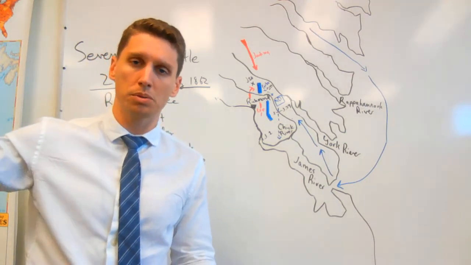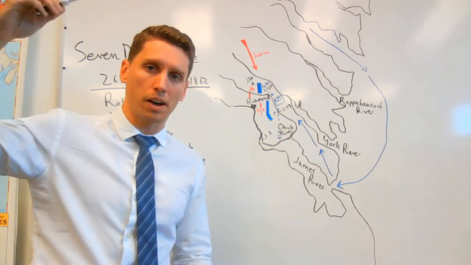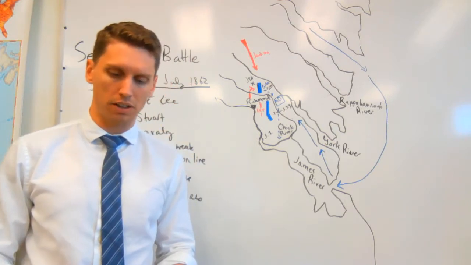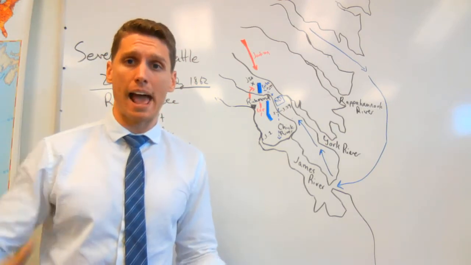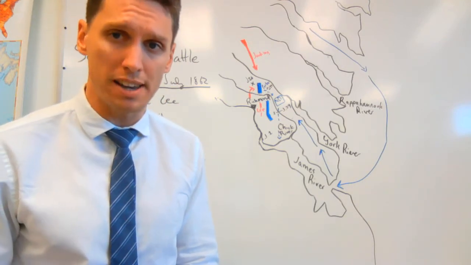He puts the army up there, and so the rebels are charging at the hill, and the Union artillery, the cannons, are pounding down on them, and it's horrific.